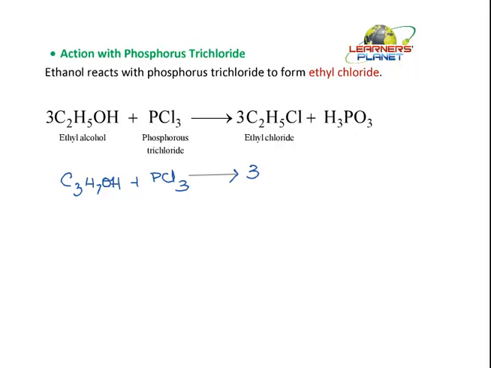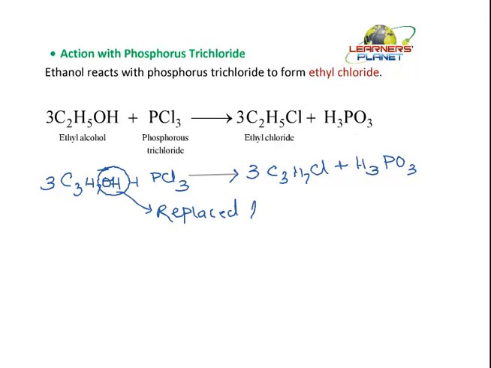So it would be 3C3H7Cl plus H3PO3, that is your phosphorus acid. So the point to be remembered is that this hydroxyl group is being replaced by chlorine.